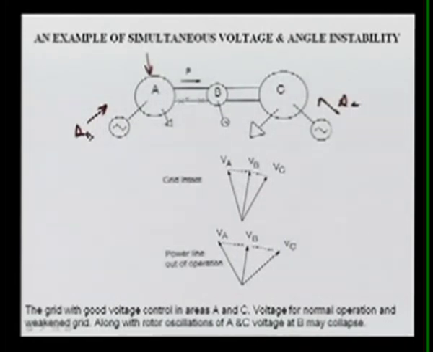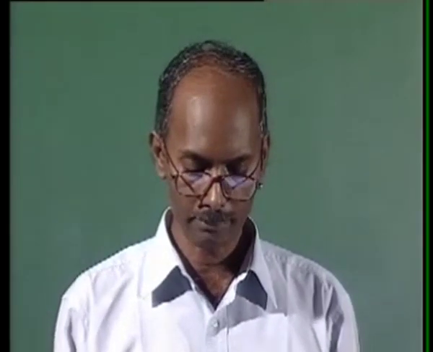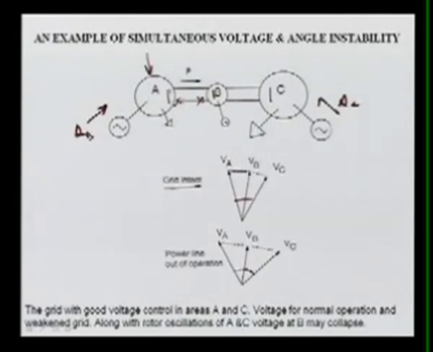If one of the lines here trips open, what happens? During the grid intact condition, you can see the voltage is very fine: VA, VC and VB are almost the same magnitude, and we have less angle. If this line is tripped, now the voltage of B is reduced and the angle is increased, so both angle and voltage stability come together in this case.